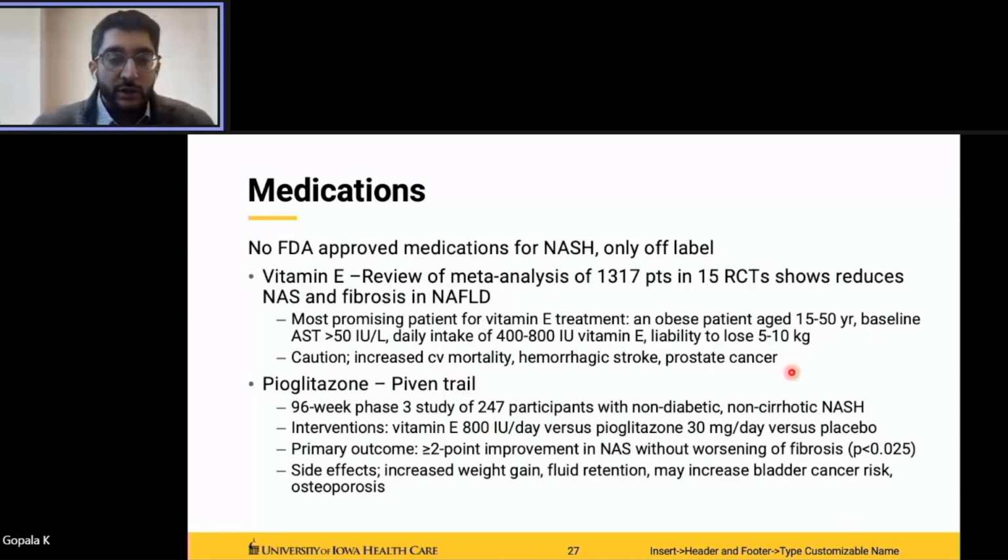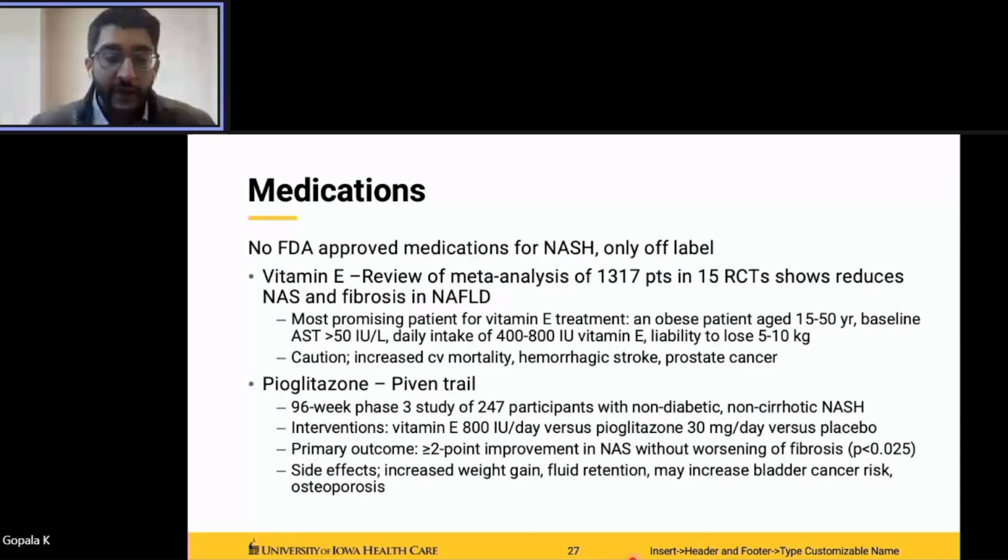Pioglitazone also has been shown to be helpful in the PIVENS trial, which, again, did vitamin E versus pioglitazone versus placebo, and the primary outcome was on biopsy a 2-point improvement of the NAS score of fibrosis. And it is recommended in patients with diabetes.